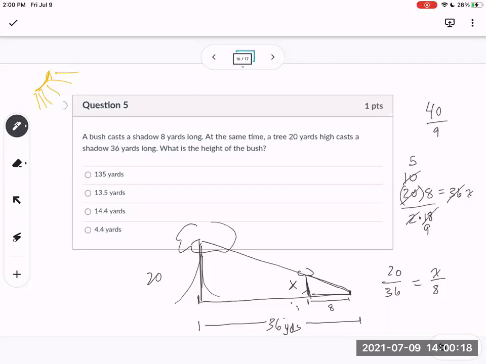And I guess we might as well just punch it in because it's a decimal answer. Yeah. 40 over 9, well, I can show you this too. 9 goes into 40 how many times? 9 times 4 is 36.